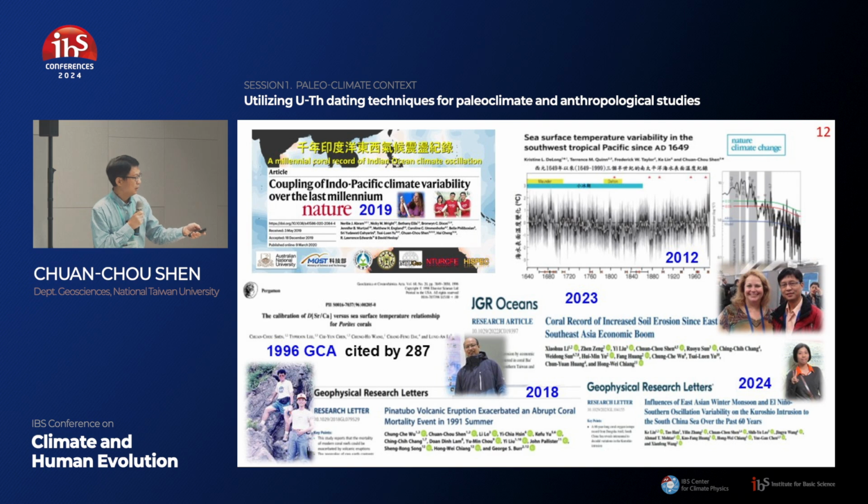Like this one, the Pinatubo volcano eruption in 1996 summer. We dated 1996 summer. Oh no, sorry, it's not summer, it's between summer and fall. This one is the volcano eruption impact on the mortality of the corals in the South China Sea, done by my student.